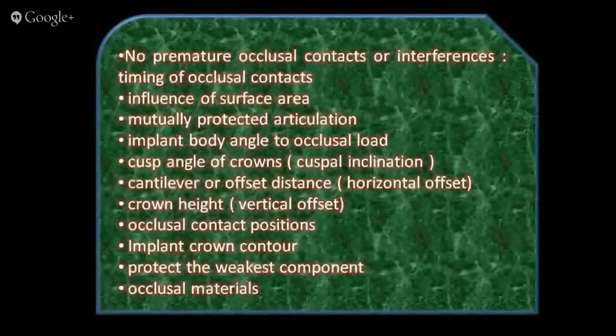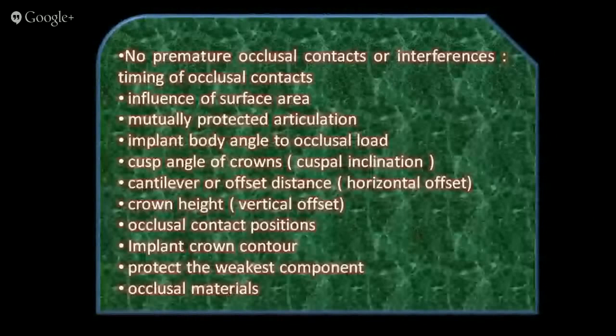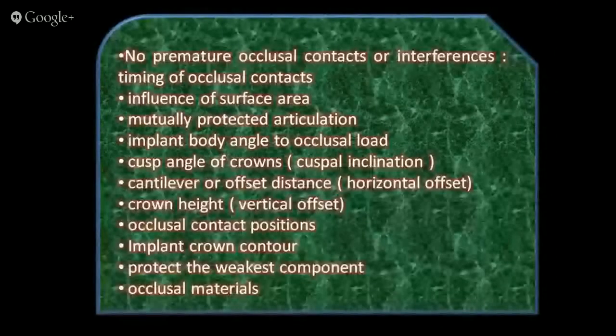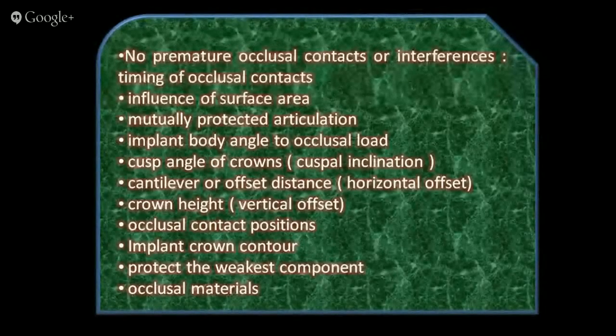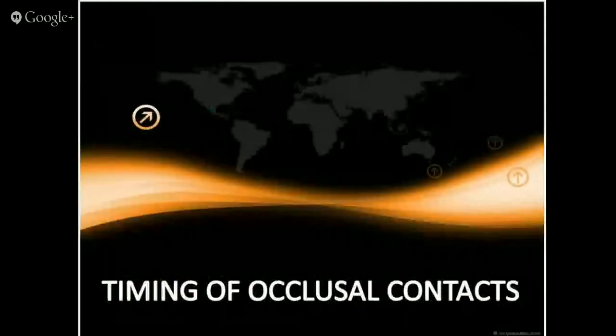Implant body angle to the occlusal load. Cusp angle of the crown, which is the cuspal inclination. There are vertical and horizontal offset factors, which is the cantilever or the offset distance, the crown height, occlusal contact positions, implant crown contour, protection of the weakest component, and the occlusal materials.